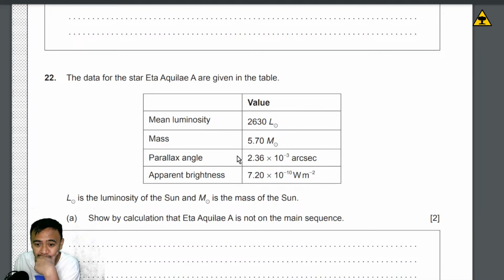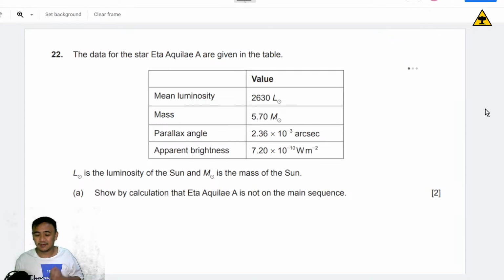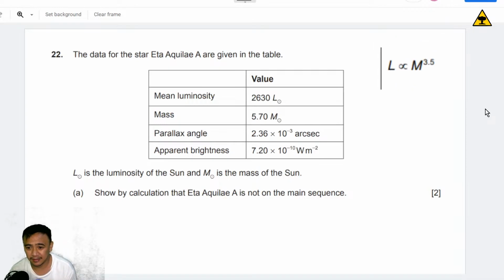Mm-hmm. Does that mean we... Actually, no, you don't. I'm going to show the equation you need here. This is in topic D2. Oops. Topic D2. This is the formula you will need. Okay.